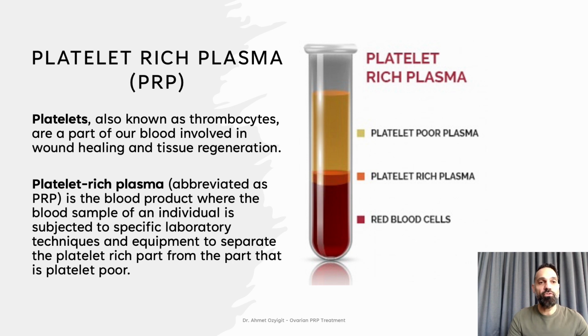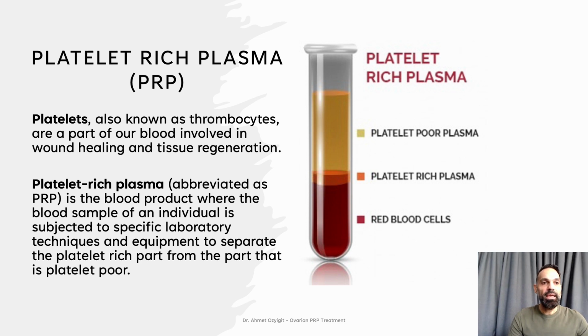Platelets are also known as thrombocytes, and these are the part of the blood which help with tissue regeneration and wound healing. And PRP is the product where we centrifuge the blood and we separate the plasma from the red blood cells, and whatever sinks at the bottom of the plasma is the part which is rich in platelets.